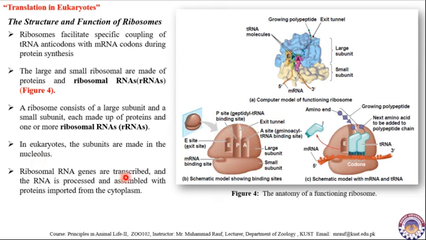Ribosomal genes are transcribed and the RNA is processed and assembled with proteins imported from the cytoplasm.